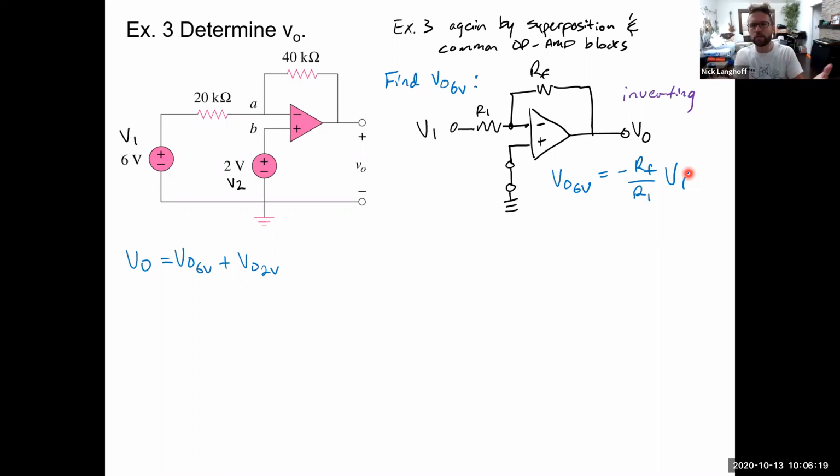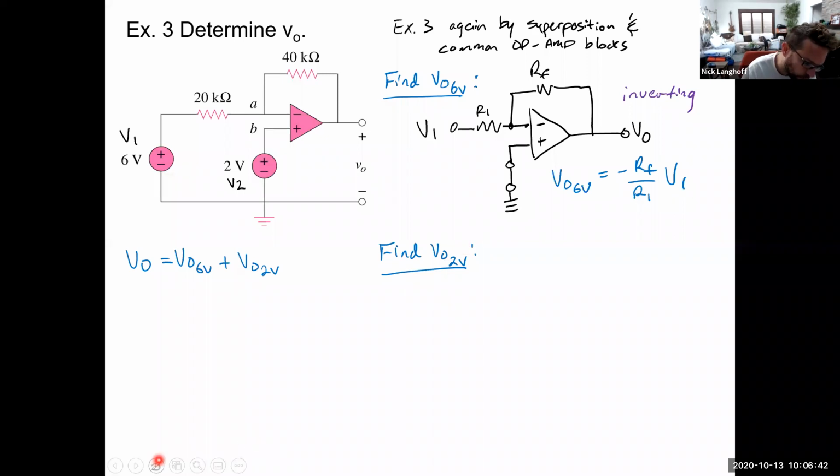We can just use the formula for the inverting amplifier we've already derived, and there it is. So that was finding V out due to the 6-volt source. Now let's find V out due to the 2-volt source. We'll redraw the circuit so it's nice and clear.